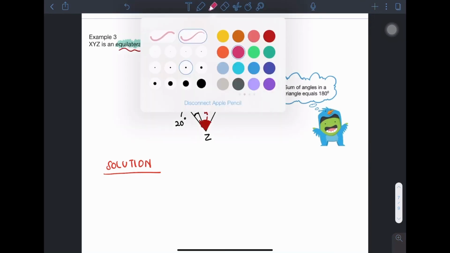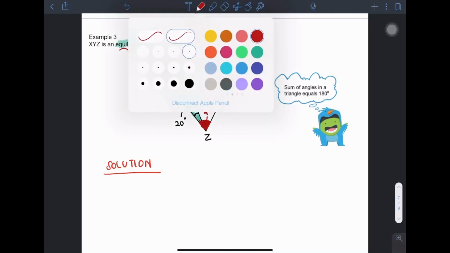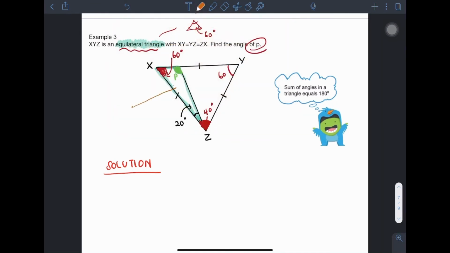So just look at this small triangle to get your answer. To get P, we know that the sum of angles in this triangle is 180 degrees. We know that this angle is 60. This angle here is 20. So how do we get P?